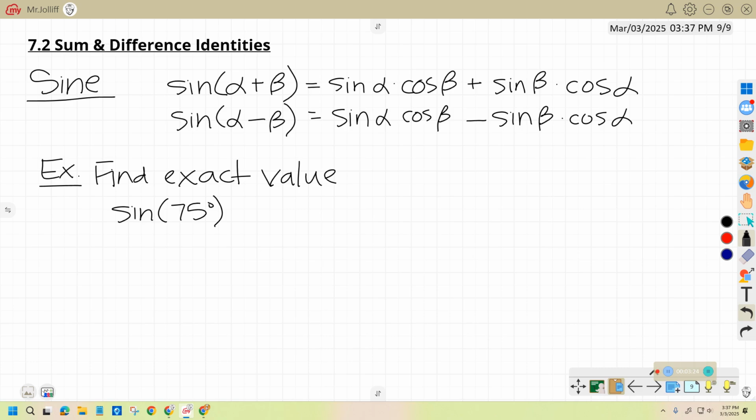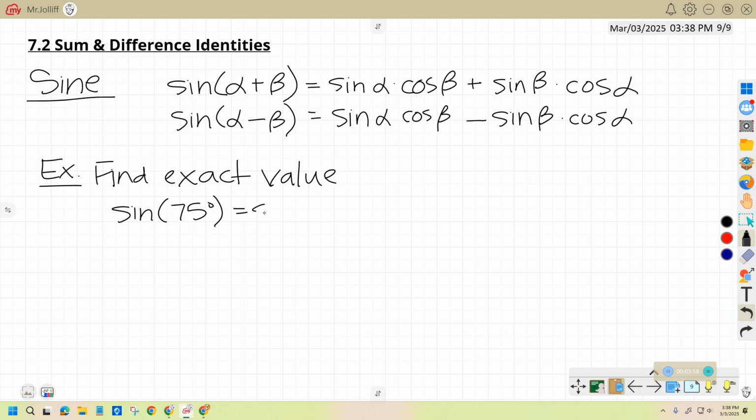If you pull up that unit circle that we were working with, the three angles in quadrant 1 were 30, 45, and 60. 75 was not on that list. We don't have an ordered pair that goes with theta equals 75. If I can rewrite 75 as the sum of two of those angles I know the coordinates for, I can find the exact answer even though this angle's not on the unit circle.